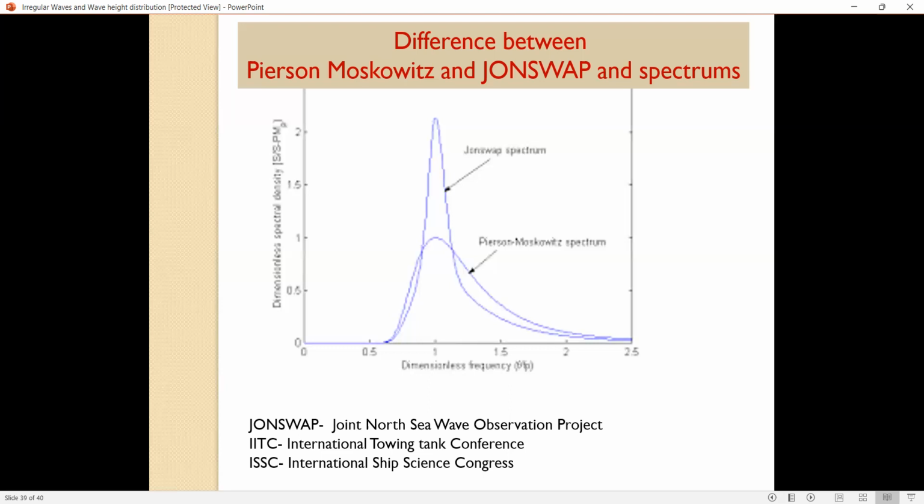Climate is changing. When we say climate is changing, sea state is changing, because this is an air-sea interaction problem. Those who work on air-sea interaction will talk more about the heat budget of the ocean, the sediment budget of the ocean, how the stratification is changing, and how the color of the ocean is changing.